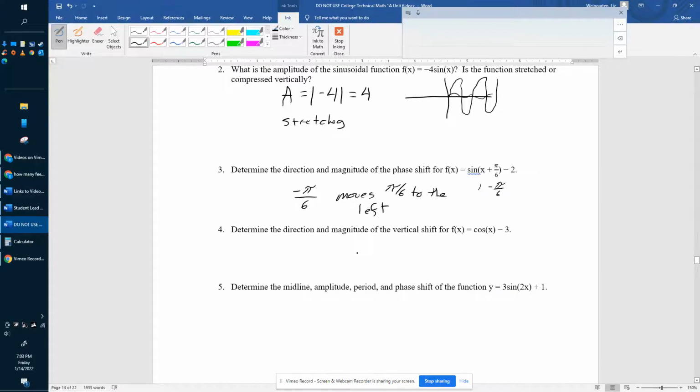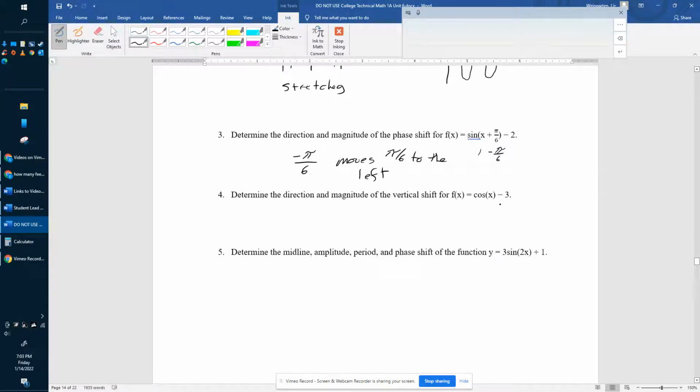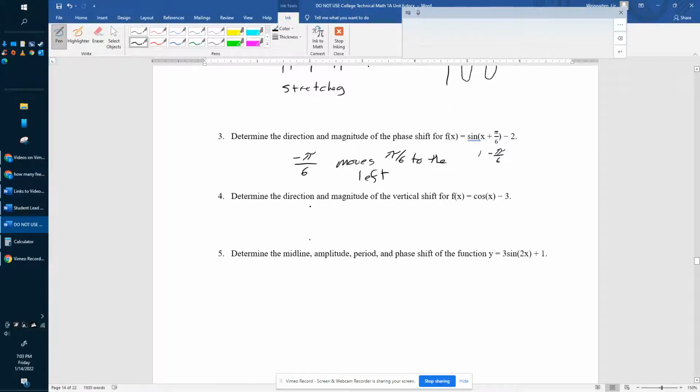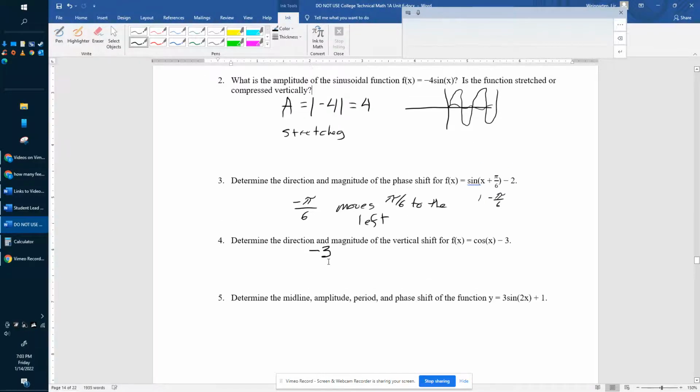So y equals d. d is negative 3. So the vertical shift is going to be negative 3. Now what does that mean? That means it's going to move down 3.